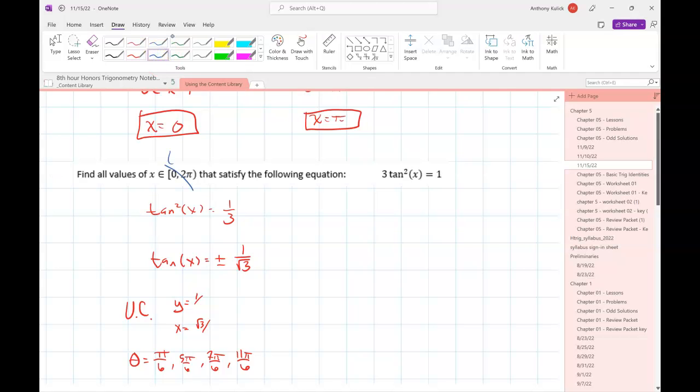What if instead this was, yeah, you mean integers.